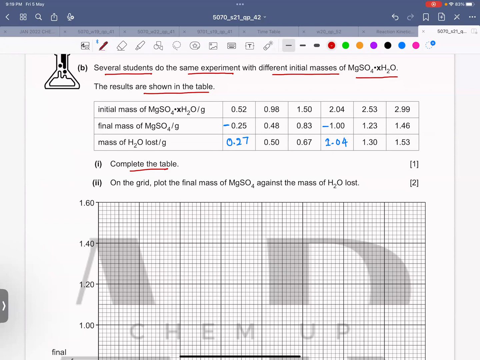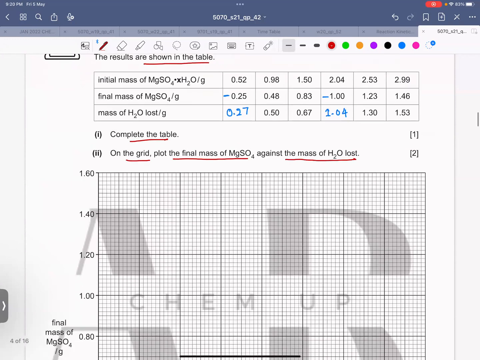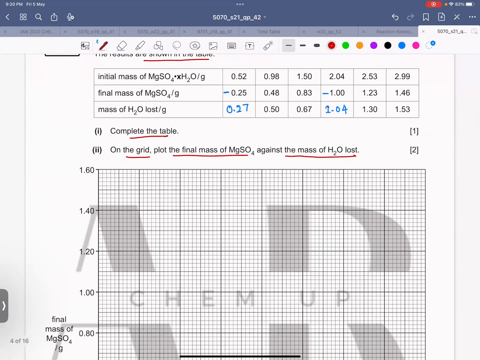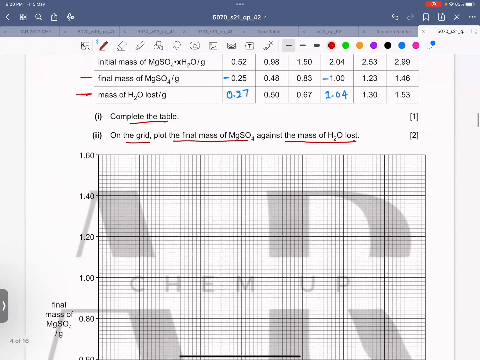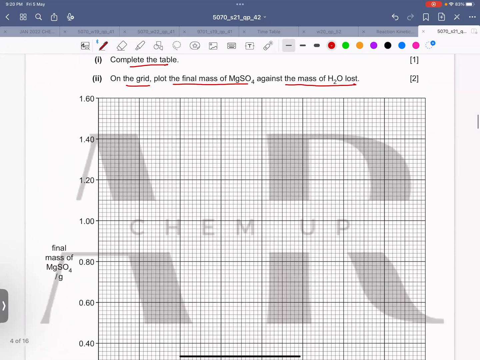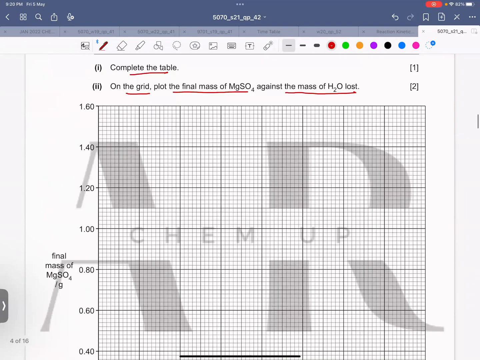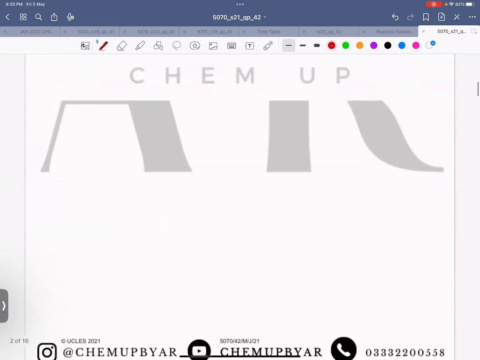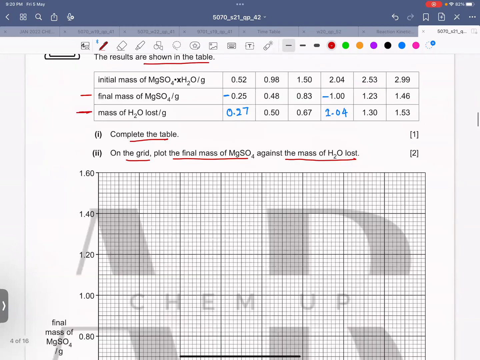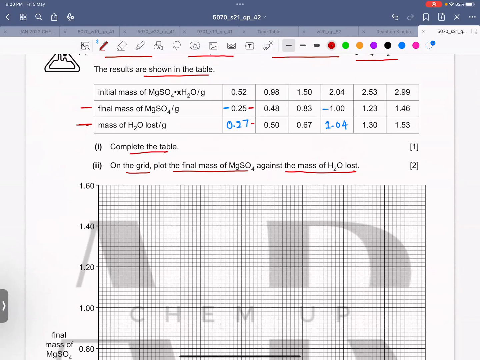Okay. Now, on the grid, plot the final mass of magnesium sulfate against the mass of water lost. It means we have to plot these two values. So when the final mass is 0.25, for the first one, the final mass is 0.25 and the mass of water lost is 0.27.